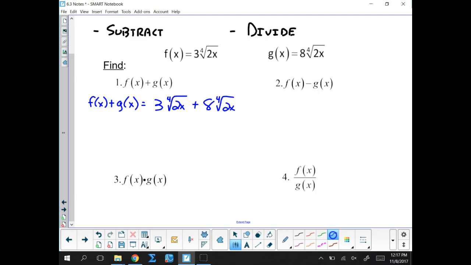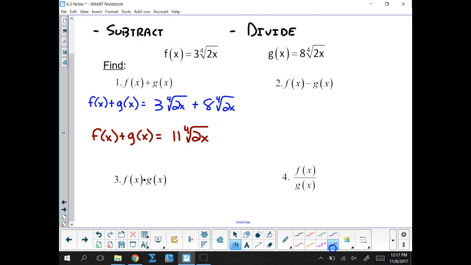Remember that number out in front of the radical is called the index, so they both have the same index, and they also have the same insides, right? Yeah, so I can add them, right? So 3 plus 8 is? That's 11. I would have stopped you. So f of x plus g of x is equal to 11 times the 4th root of 2x.